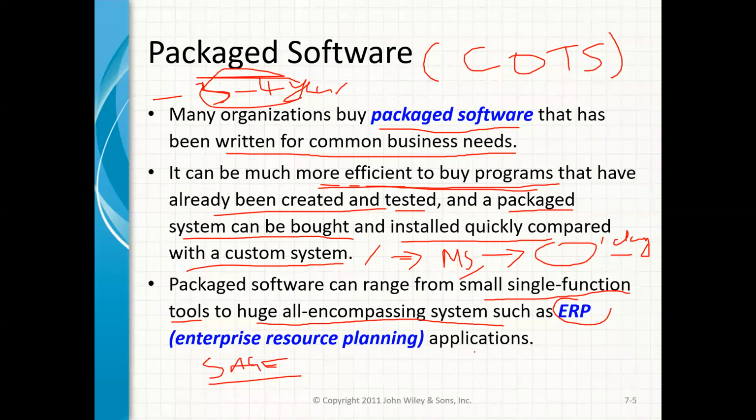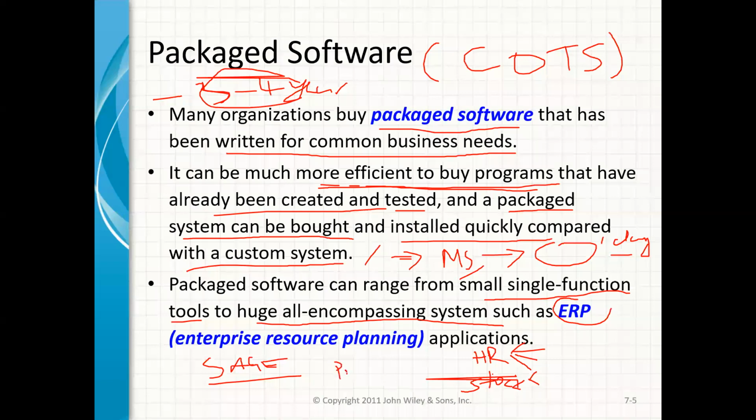You can have a module for human resource management, dealing with attendance, leave management, salary, payroll, whatever. You can have a module for stock management, mainly dealing with in and out.